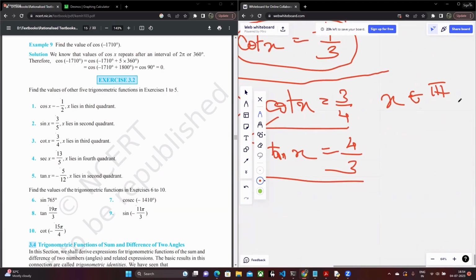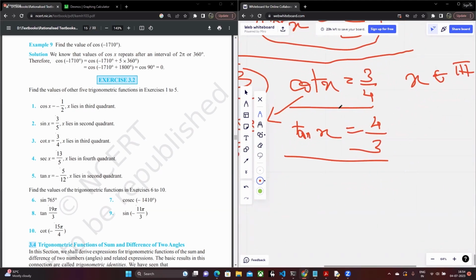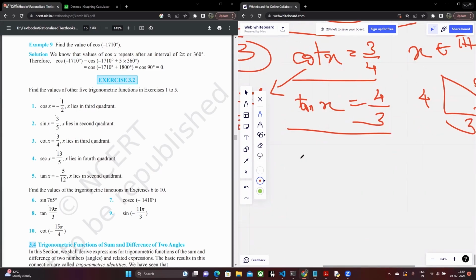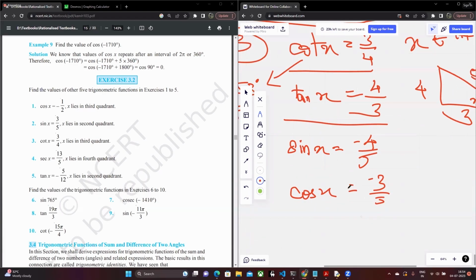And since x is in the third quadrant, sin and cos both are negative. Since you have the angle x over here, with this side 4, this 3, and this 5, sin x is going to be equal to minus 4/5. Cos x is going to be equal to minus 3/5.